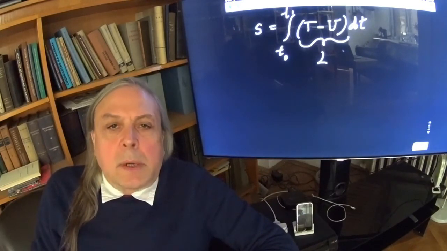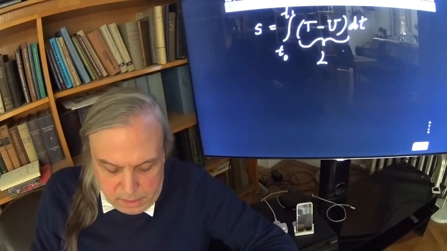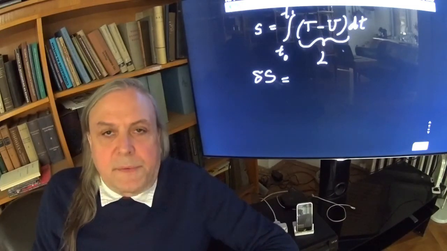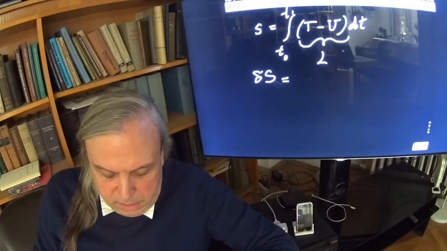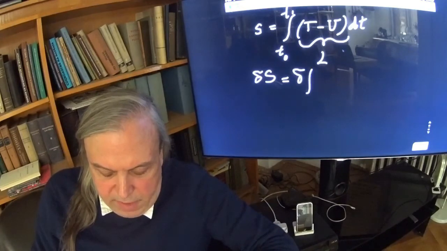And according to classical physics, delta S, this is the variation of action. It's the variation of this integral.